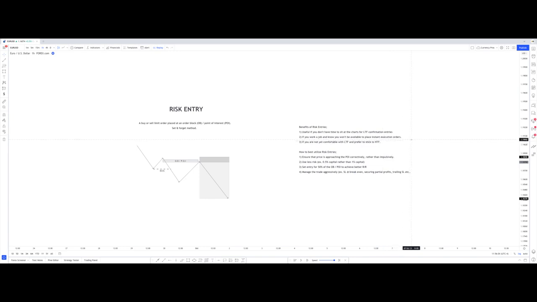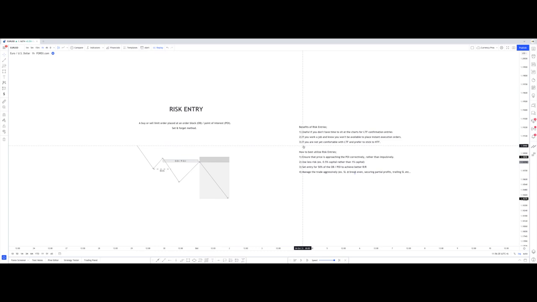Oftentimes, when I'm sitting at my charts in the morning, I don't even place limit orders. Sometimes I just wait for price to reach my point of interest, create the confirmation entry, and then I'll actually enter the order manually, so instant execution. But I know that not everybody is able to do that. In fact, most people don't have the time to do that, right? So risk entries are very good for that.